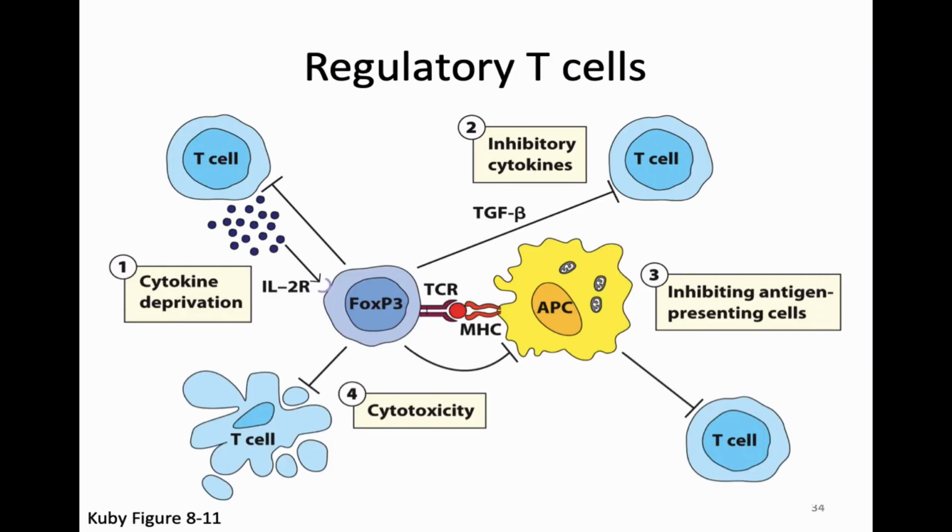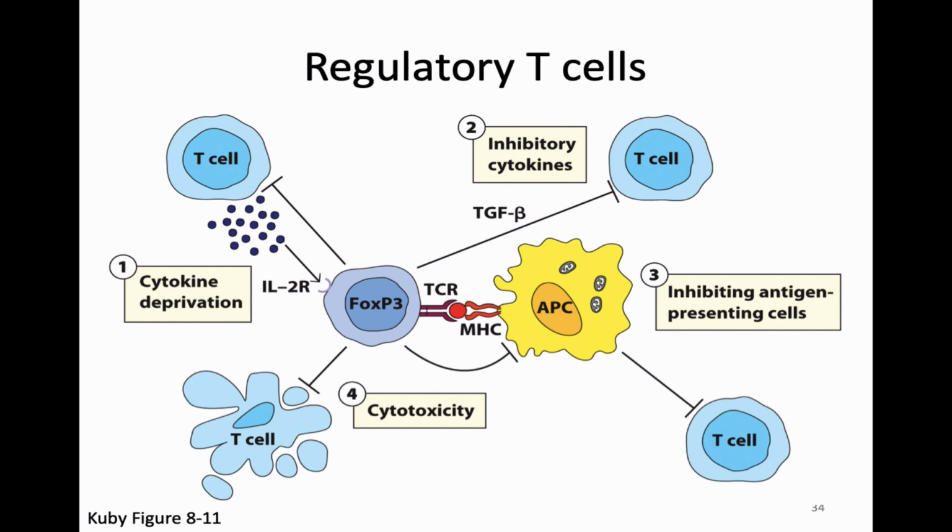Regulatory T cells may act to suppress other cells in a number of ways. They may produce inhibitory cytokines like TGF-beta. They also may steal cytokines like IL-2 from other T cells by serving as a cytokine sink. And we'll talk a little bit more about this in the next class as well.